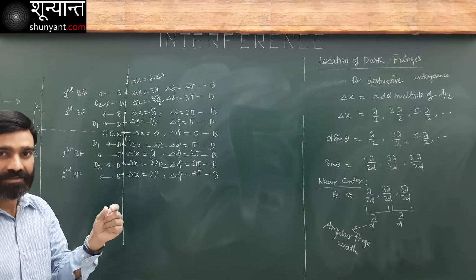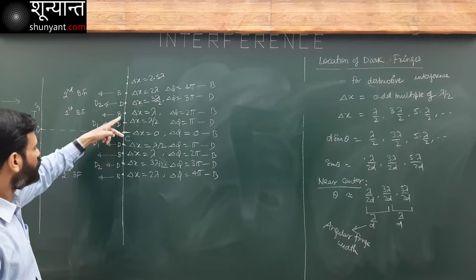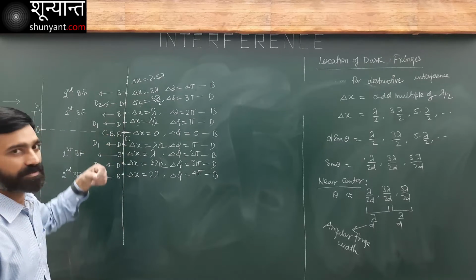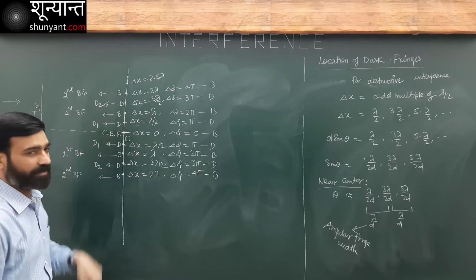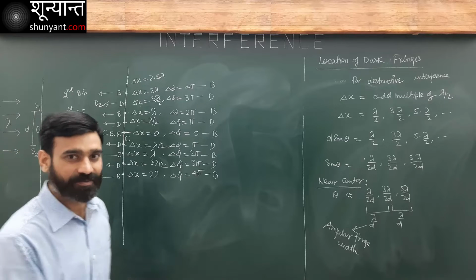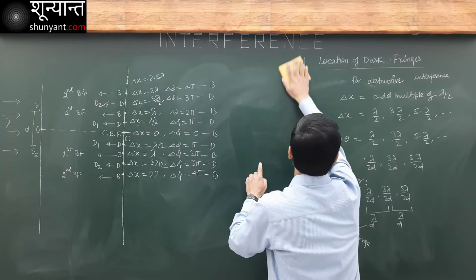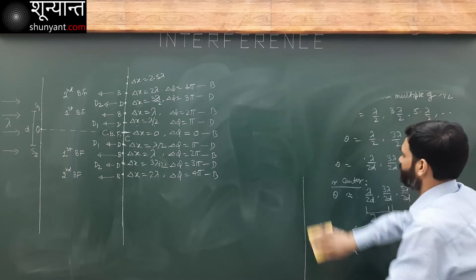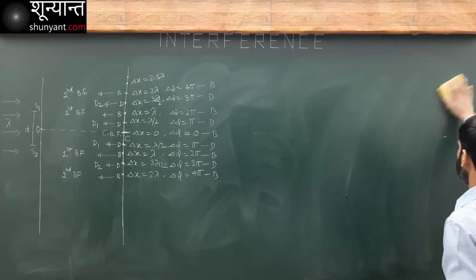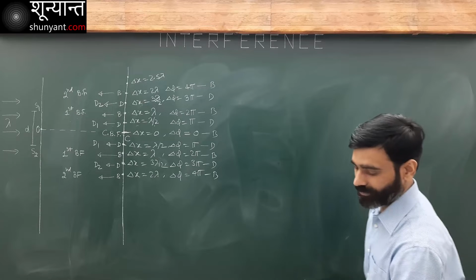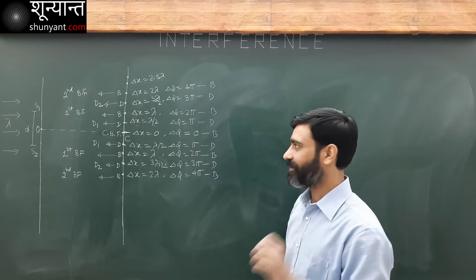The linear distance between two bright fringes, between two dark fringes. What is the distance of any bright fringe from center? Okay, let's try to derive an expression for that.